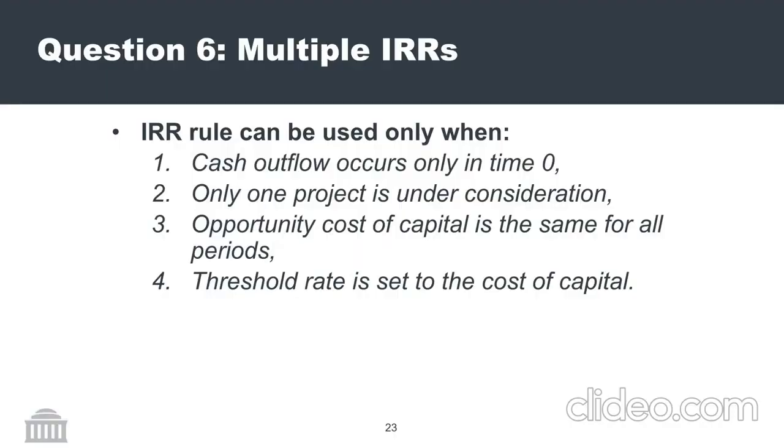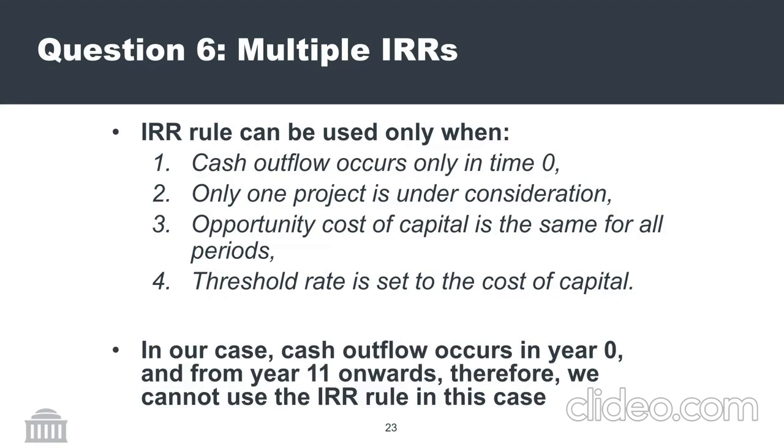To understand why IRR rule gave us the wrong investment advice, recall the following. IRR rule can be used only when cash outflow occurs only in time zero, only one project is under consideration, opportunity cost of capital is the same for all periods, and the threshold rate is set to the cost of capital.